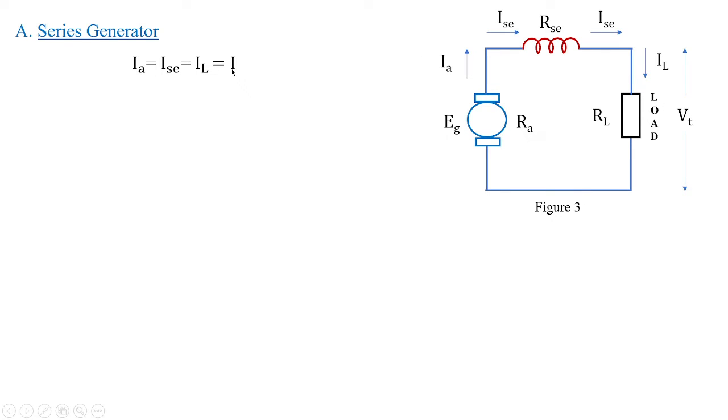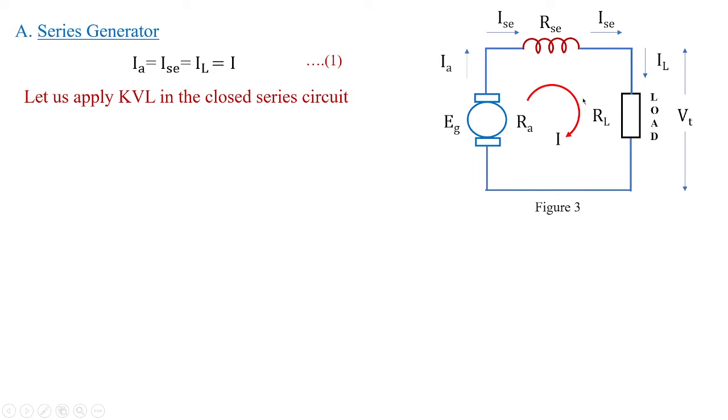What is that I? When I apply KVL to this closed circuit, I obtain the current I. This I is equivalent to the equation 1 currents. So when the generator voltage is supplying the load, I'm applying KVL. Taking this voltage minus Eg from the bottom side, plus the current flowing in the armature resistance, Ia multiplied with Ra, which becomes the drop at the machine.